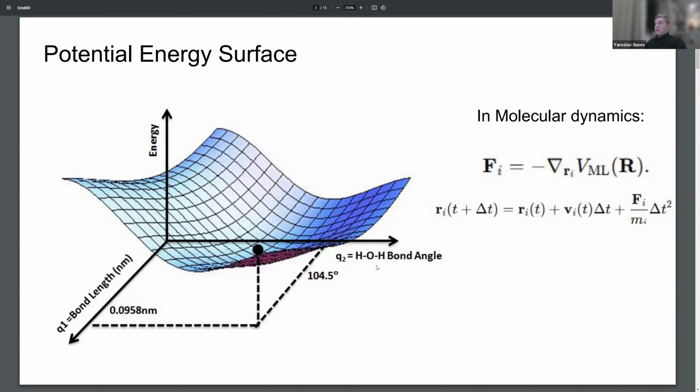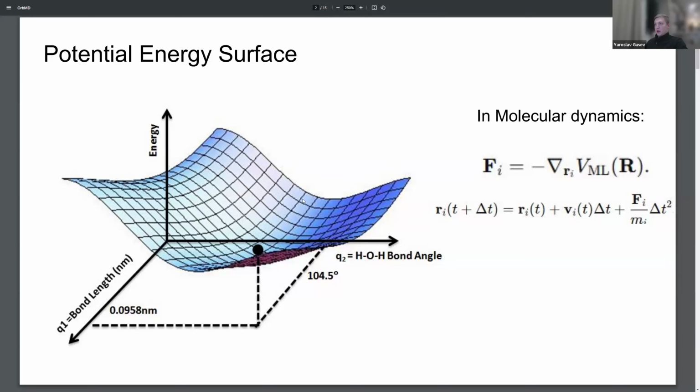Here's the example of a water molecule. With all symmetries considered, the configuration space can be described by just two parameters: the length of the bond between the hydrogen and oxygen, and the angle of the bond.